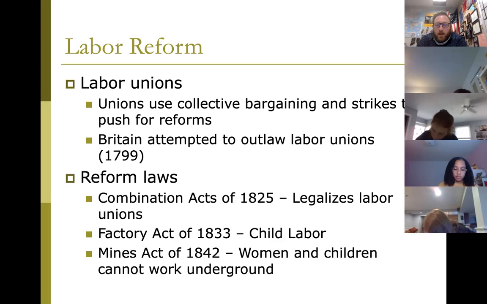And so 1825 Combination Acts, labor unions are legal in Britain. The Factory Act of 1833 outlawed child labor. The Mine Act of 1842 said that women and children were not allowed to work underground anymore in the mines.